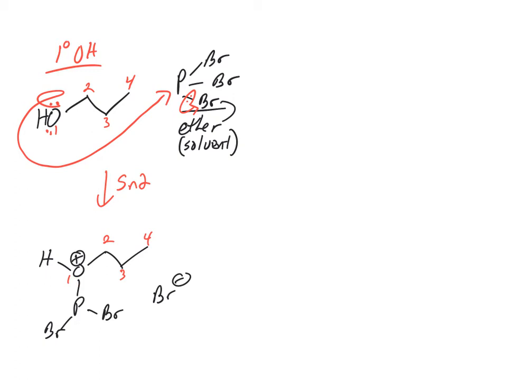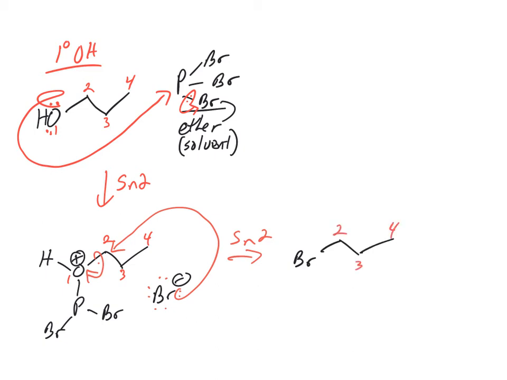Now the bromine can come back in and do an SN2 reaction. Another SN2. And that gets us to 2, 3, 4.